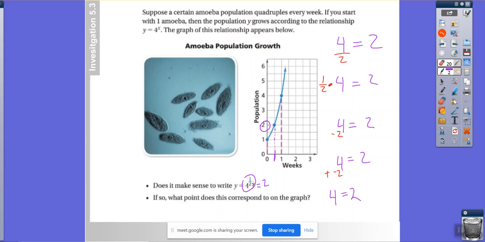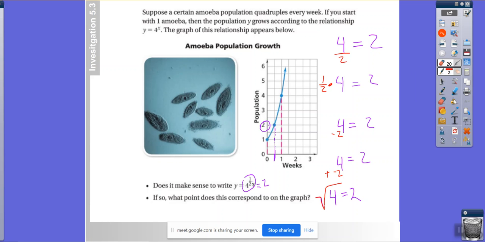But can anyone think of a symbol that looks a lot like a division symbol? No idea? Does this ring a bell? Square root. Is the square root of 4 2?